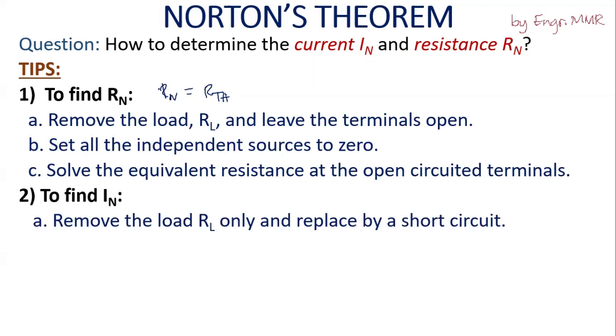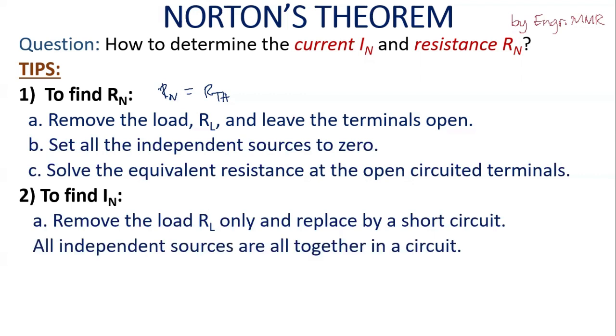Next, we have to determine the current IN. So how to find IN? Simply, we remove the load resistance RL only and replace it by a short circuit. Take note that all independent sources are still in the circuit.